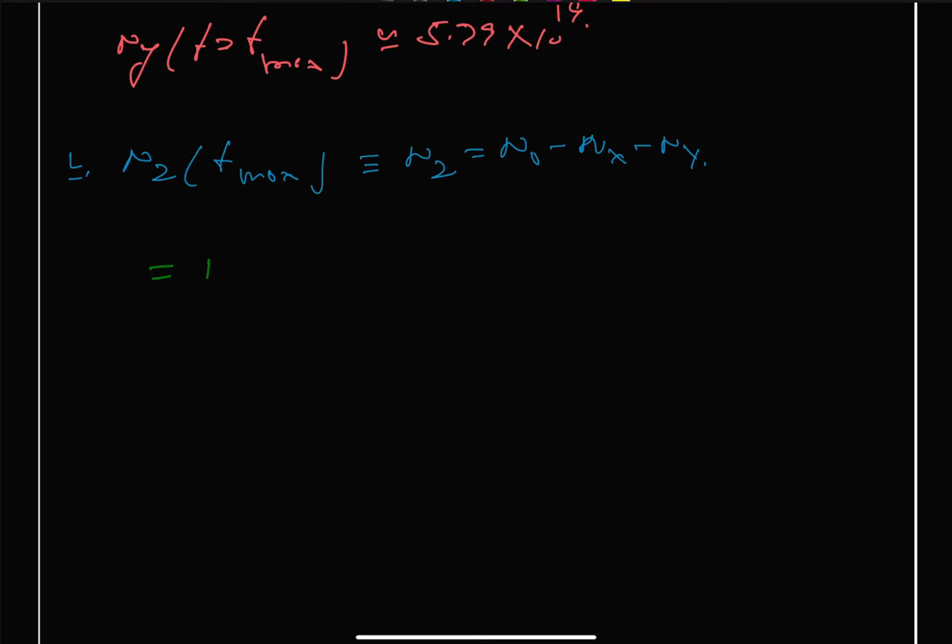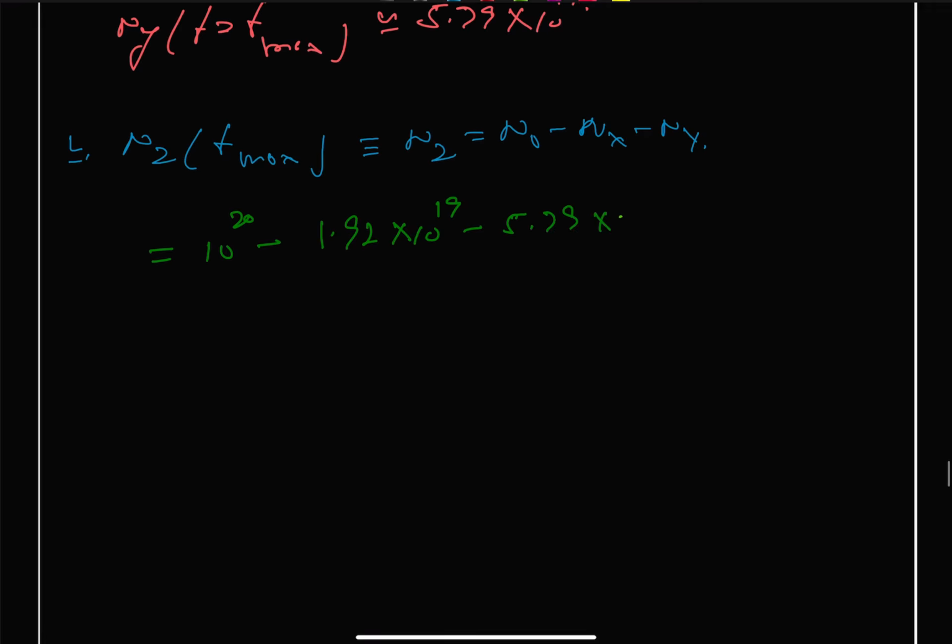This is 10 raised to the power 20 minus 1.92 into 10 raised to the power 19 minus 5.79 into 10 raised to the power 19. And we get our nz at t equal to t max is approximately equal to 2.29 into 10 to the power 19.